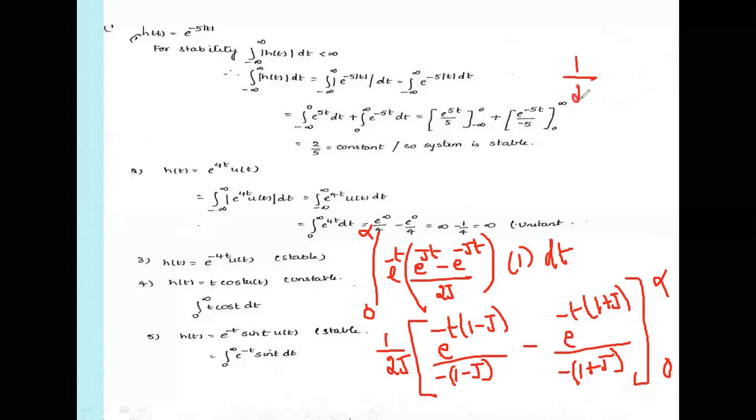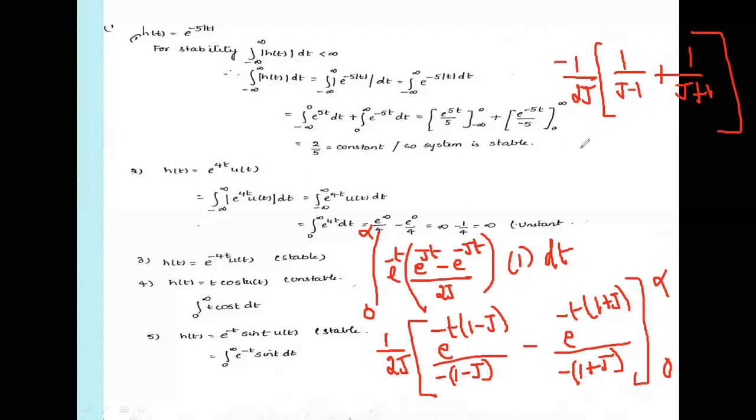So 1 by 2j whole multiplied with the value 1 here, 1 by j minus 1. I'm taking the multiplication of minus also, j minus 1, and here all the minus becomes a plus, and 1 by 1 plus j, or j plus 1. Because we are applying the lower limit in the denominator, there is a minus.